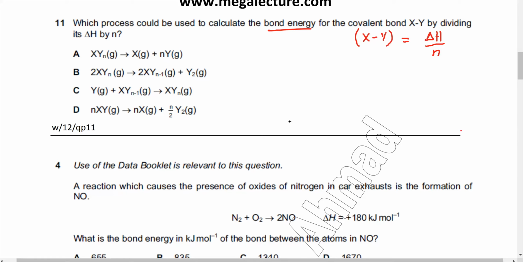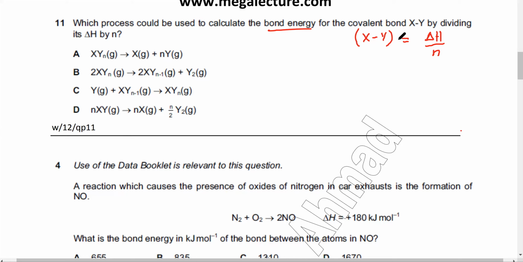The question is that in all these processes, if you try and calculate the bond energy for the covalent bond XY, you have to do that by dividing delta H by N. So you need to somehow get this expression. And we just know one formula, which is that enthalpy change is bond broken minus bond formed.